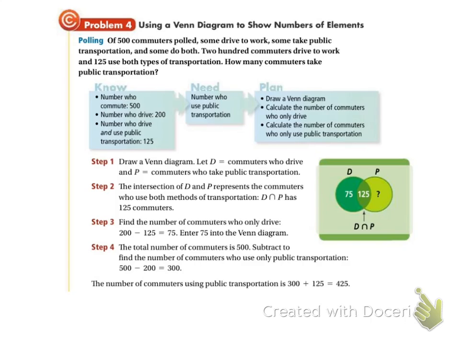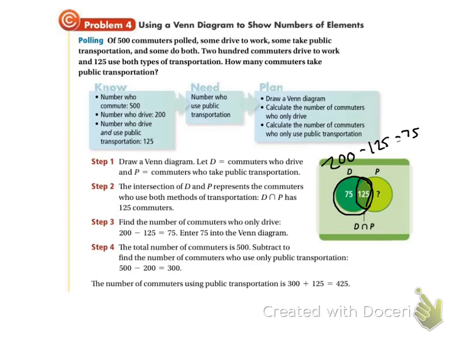We've got D for driving, and we're told 200 commuters drive to work. Well, that's talking about the whole circle. The whole driving circle is 200. And 125 use both of them. That's the little middle part. So 125 goes in the middle part. Then 200 minus 125 gives me 75, and that's the people that just drive.